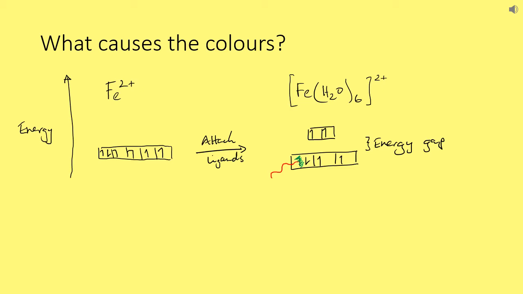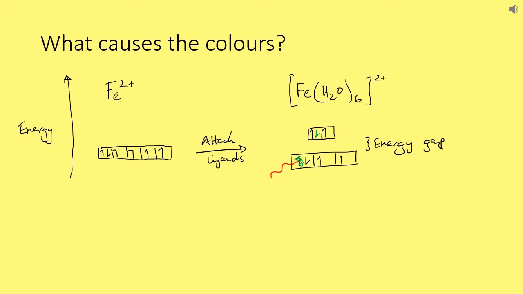If it's been given the energy equivalent to that energy gap, it gets promoted from that first orbital to a higher energy orbital. So there it is there. It's been promoted. And that photon of red light is not going to hit your eye, because it's been absorbed by that electron. So the light that does hit your eye is different now compared to the light that would have hit your eye if the complex hadn't been in the way.